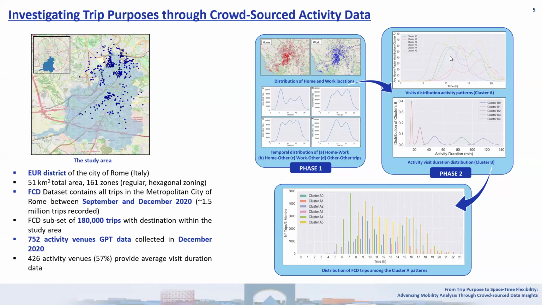So we fix each trip with a specific cluster of activities. This is, in this case, a deterministic approach. So for each trip, we fix the most probable case to which each trip can be associated.